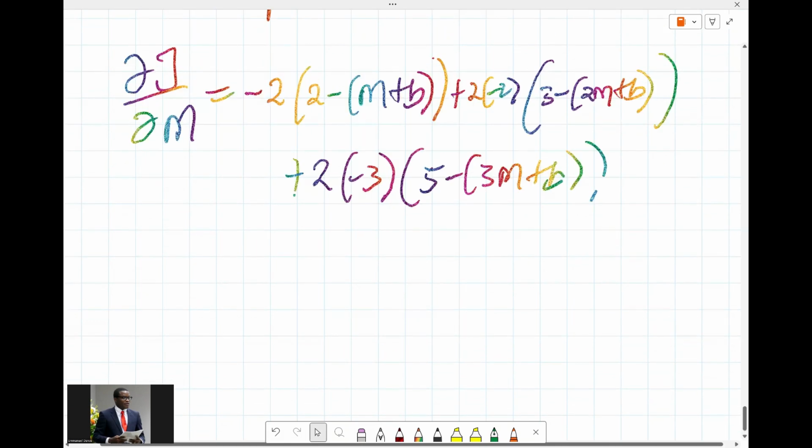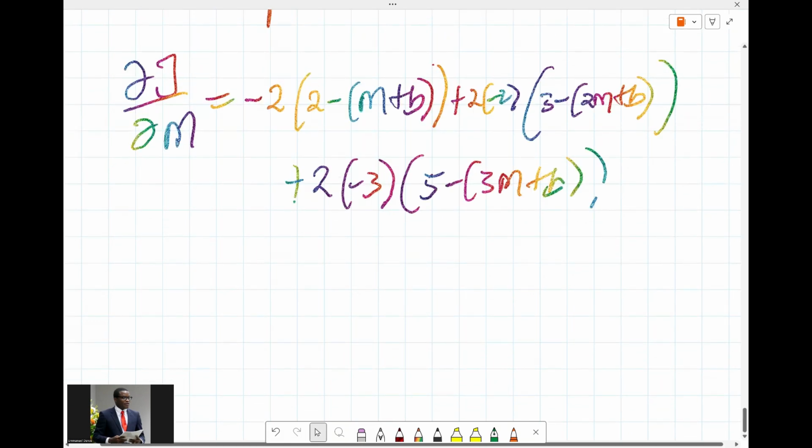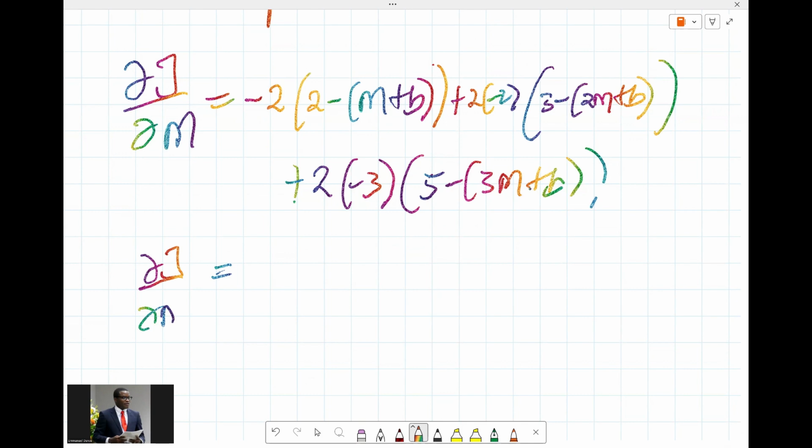Of course, in all, we need to equate this to 0. But we can tidy it up a little more. We can see minus 2 is common to everything. So partial J, partial m: minus 2 is common, so we have minus 2 into 2 minus (m plus b).